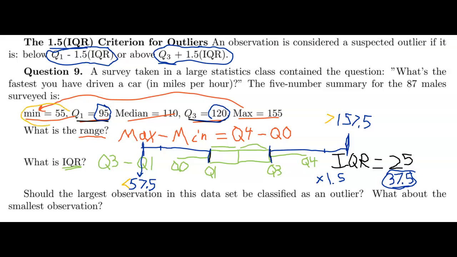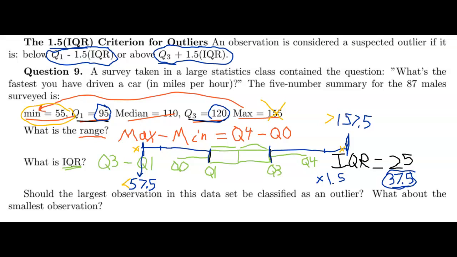And we do indeed have the minimum smaller, just a little bit beyond that extreme marker. However, the maximum is 155. It's within that 1.5, just inside. Just inside. These differences can be subtle.